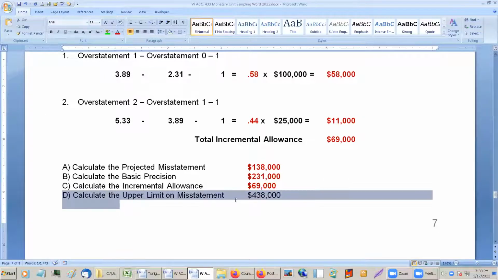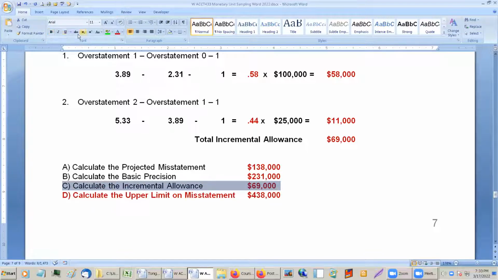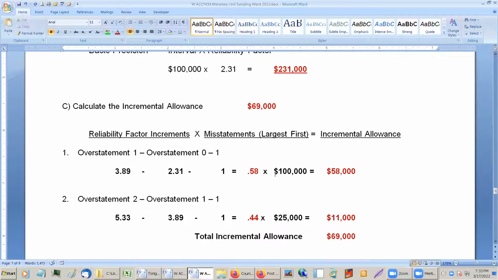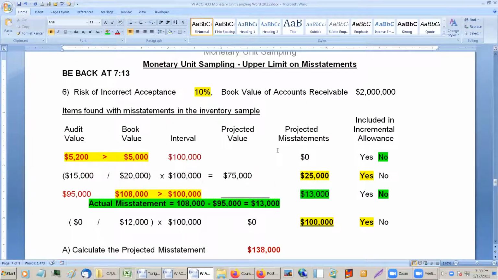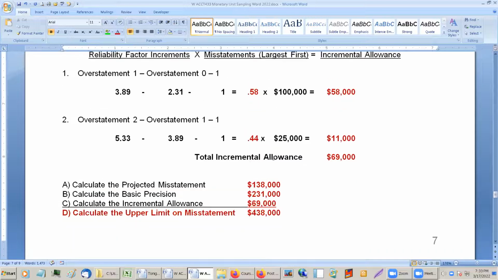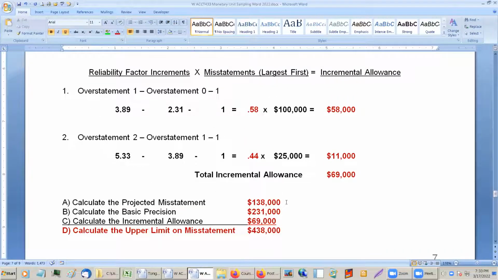So this would be what we get to compare to see if we would approve it. So the 438,000, how big is this thing anyways? The book value is 2 million, so I would have to think this would be material. 438,000 out of 2 million, that's quite a bit.